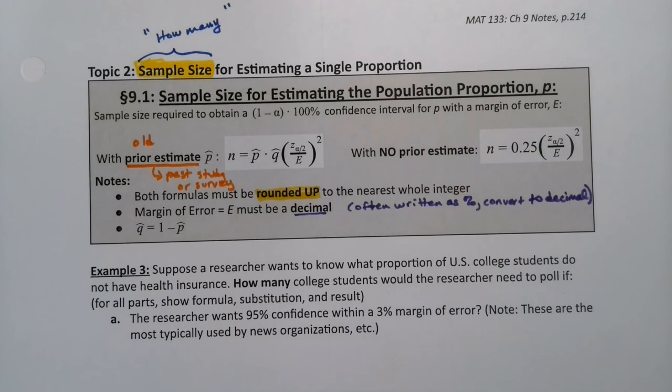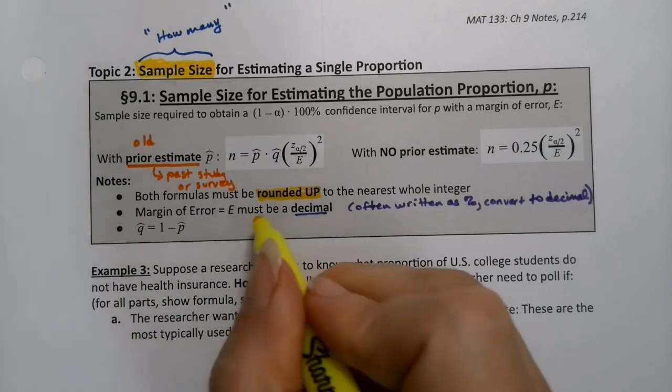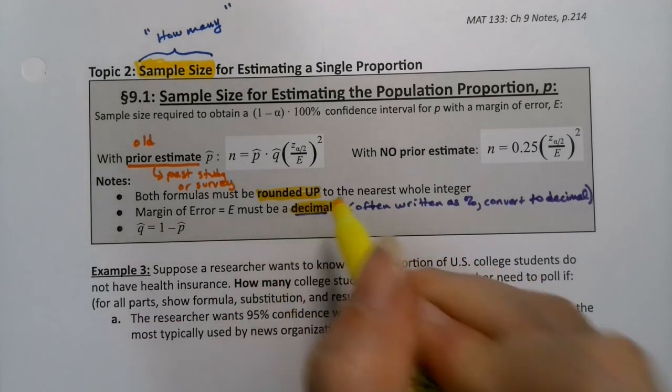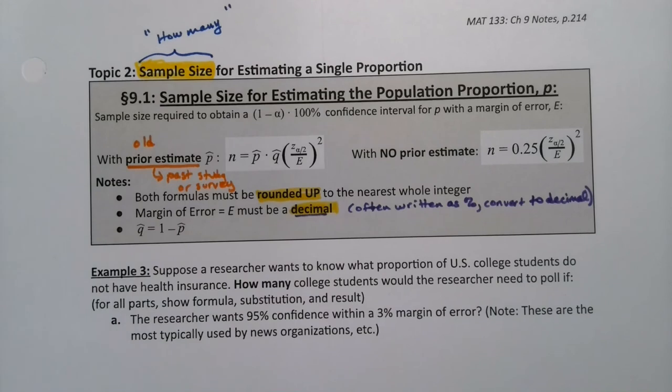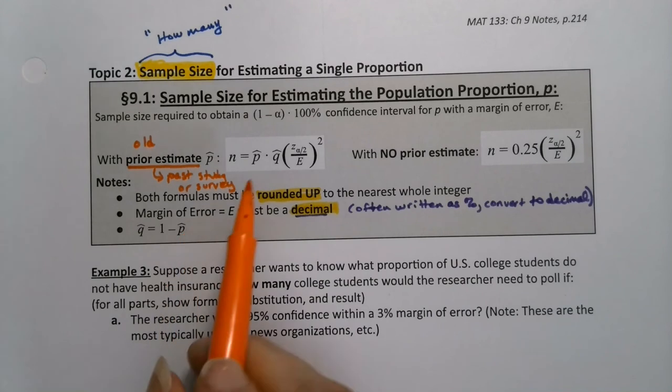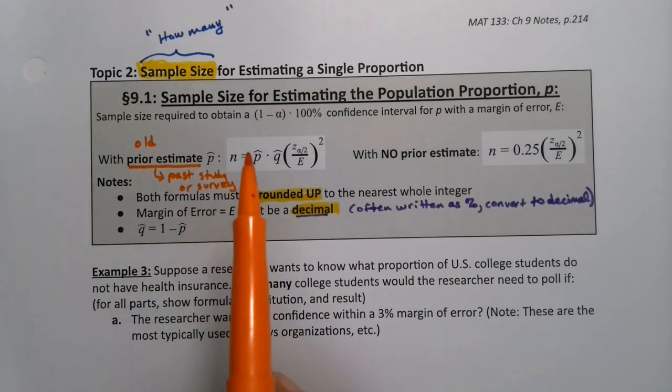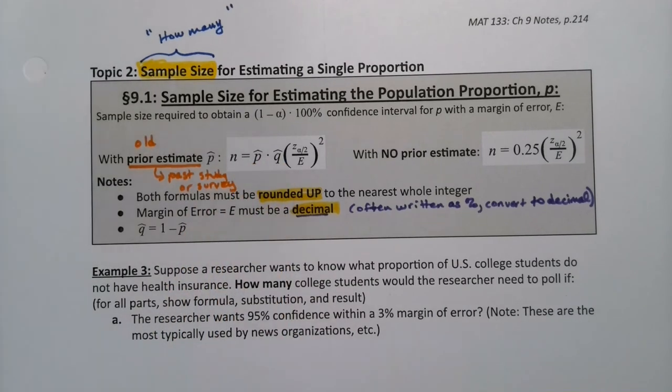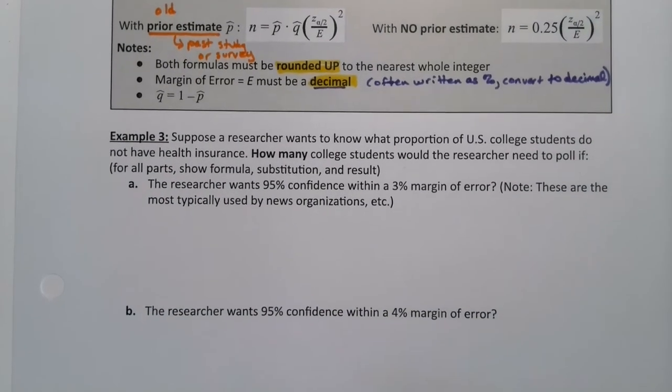And that's not a problem for the other formulas we'll learn. It's a problem for the percentage ones in particular. And just a reminder that Q hat right there is the complement of P hat, right? P hat and Q hat, probability of success, probability of failure, related to the binomial probability experiment that we learned about in chapter 6.